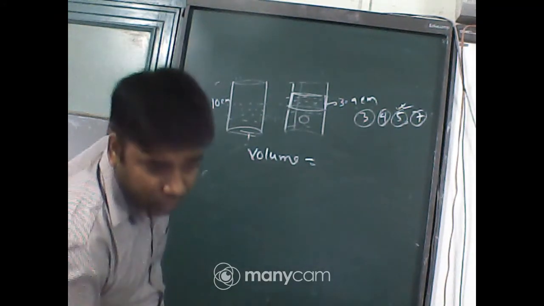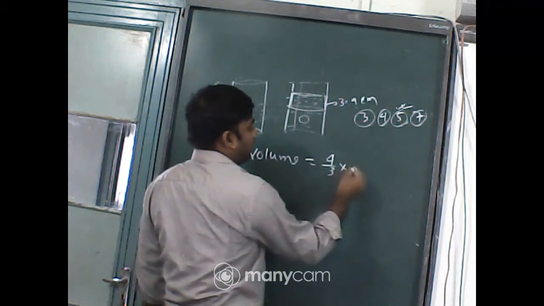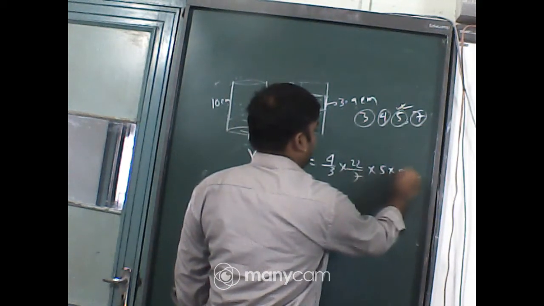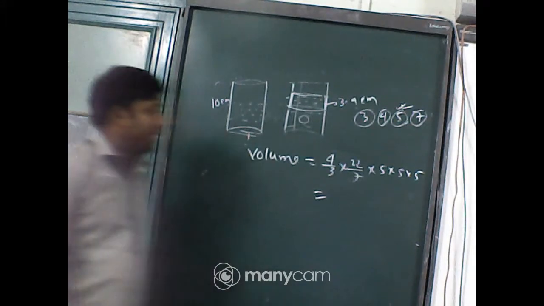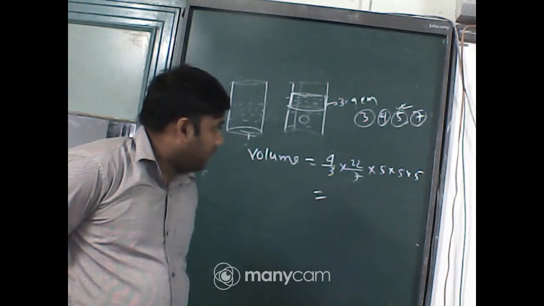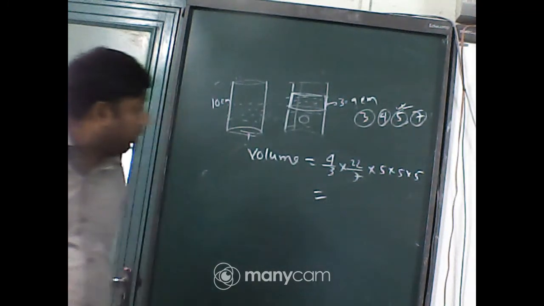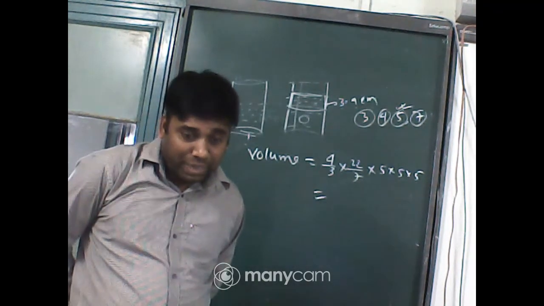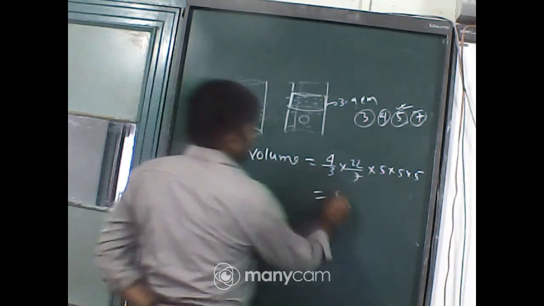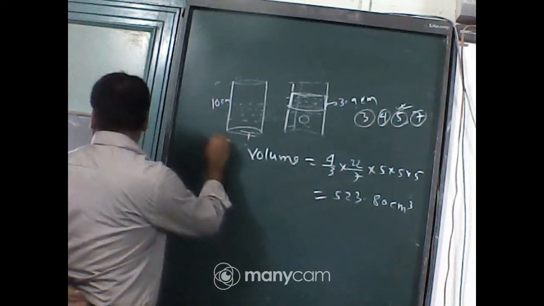That is 4/3 pi r cube, 4 by 3 into pi, 22 by 7 into r cube. R cube means 5 into 5 into 5, that is 125. So 125 into 22 into 4 by 3. You will get 523.80 centimeter cube. Okay, that is question number 2.